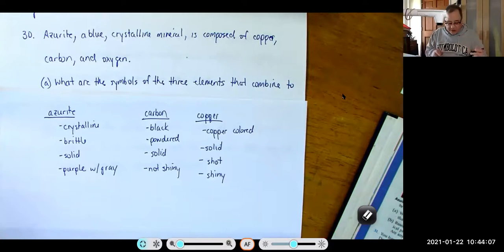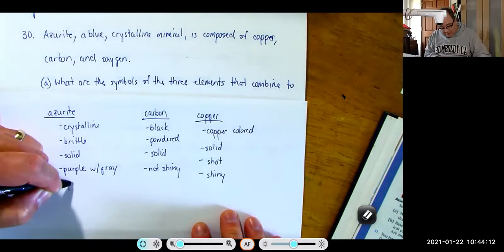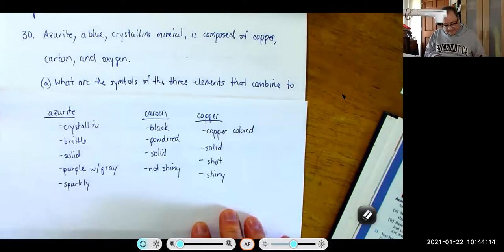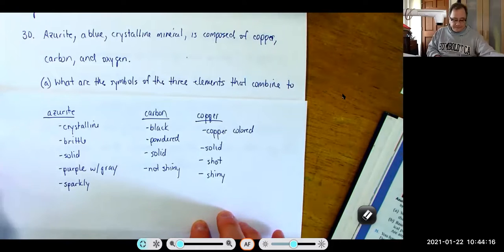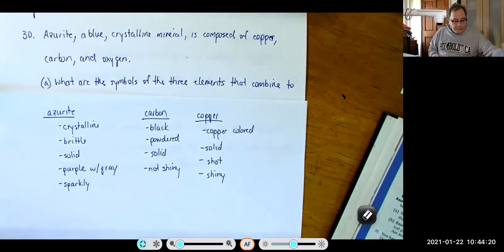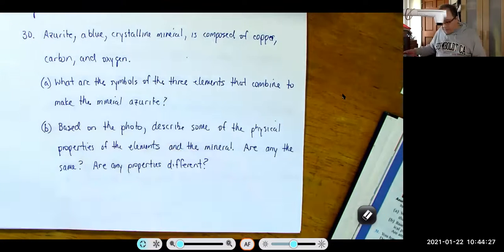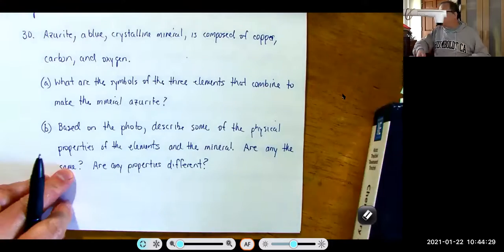So they could look kind of shiny, but maybe a better way to put these would be sparkly. Most crystals look sparkly. And I think that's why people are drawn to them. Okay, so we're done with that one. So let's move along.